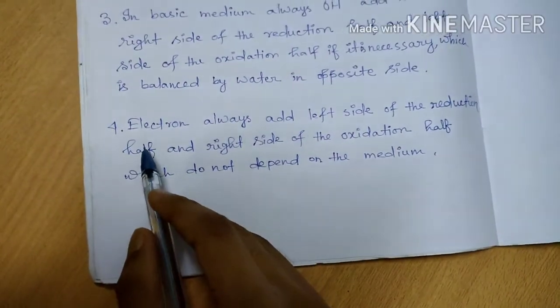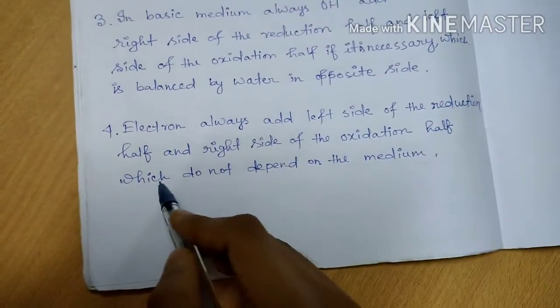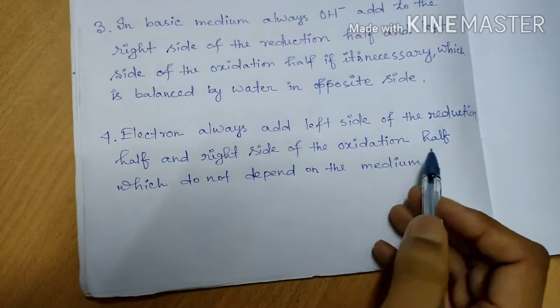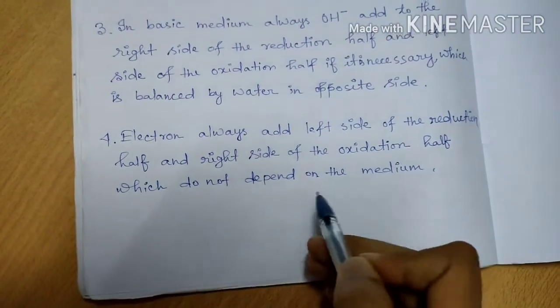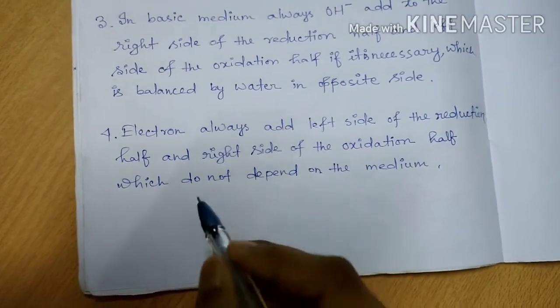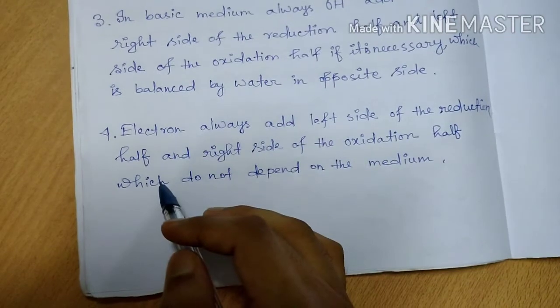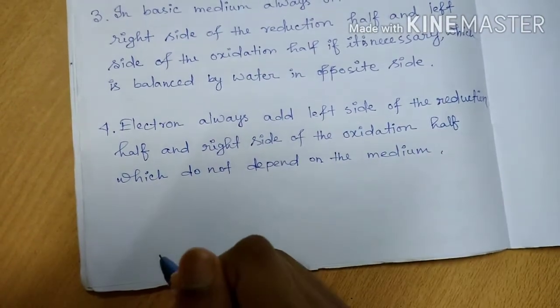Rule number 4 is that electron is always added at the left side of the reduction half and the right side of the oxidation half, which does not depend on the medium. That is, we have to add electron always on the left side of the reduction half and the right side of the oxidation half.